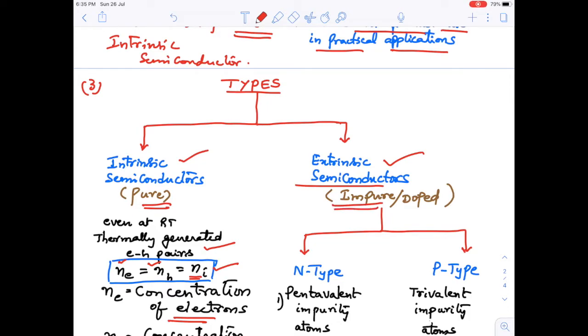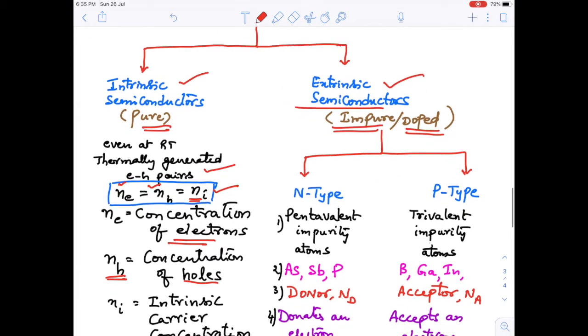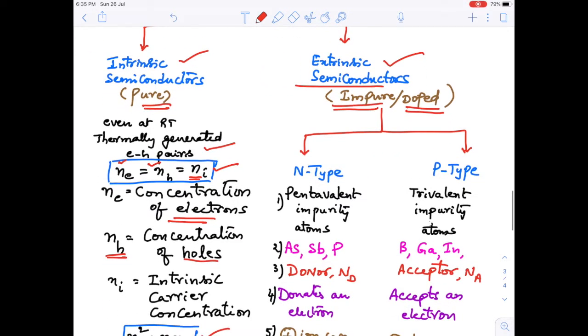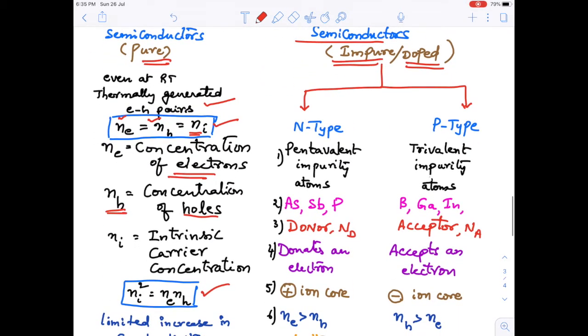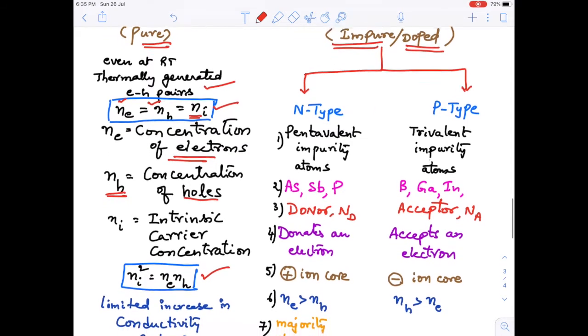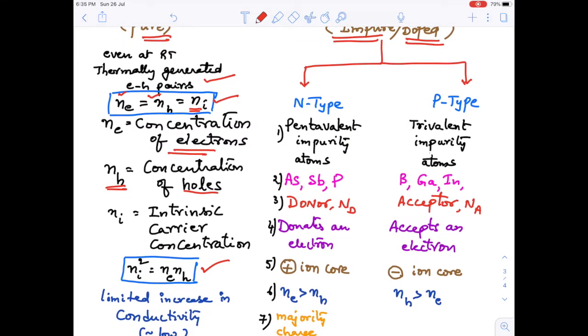Therefore, these are impure or doped semiconductors. Adding an impurity is called doping. And the structure, energy band diagram and details of these extrinsic semiconductors I will discuss in my next video.